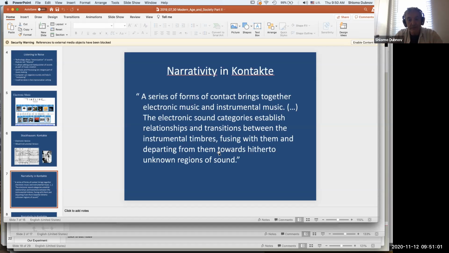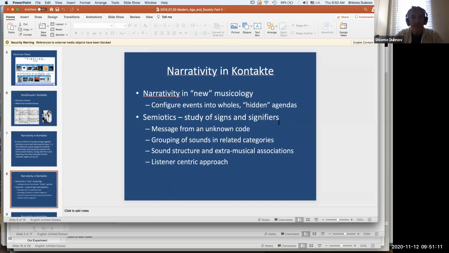So maybe before we move to listen to the piece, let me just mention what narrativity is. One more step of defining the terms, because I think it helps us to then listen in that context. Narrativity, or the theory itself, is about basically creating a storyline, right?